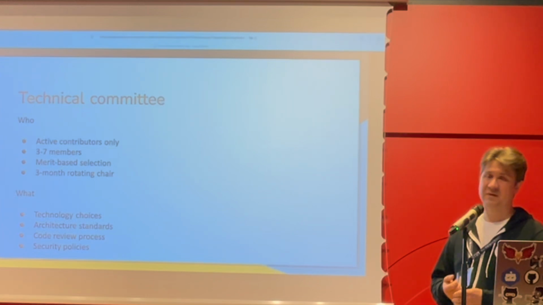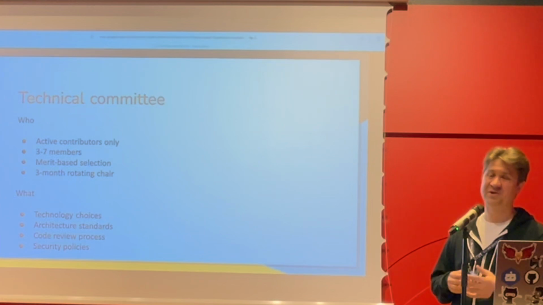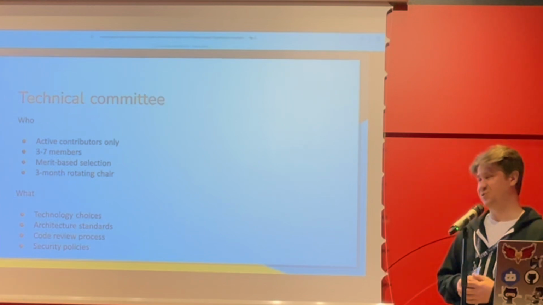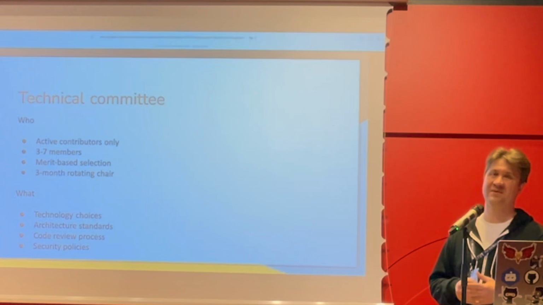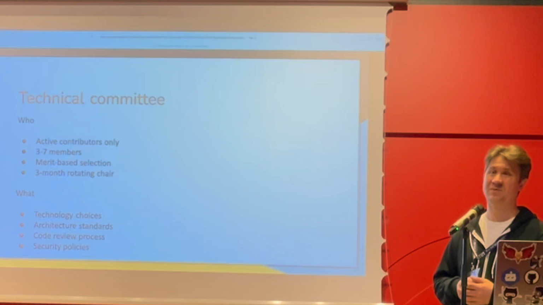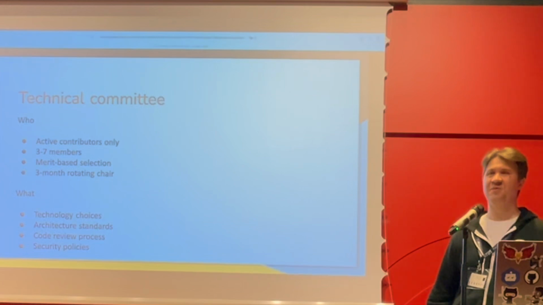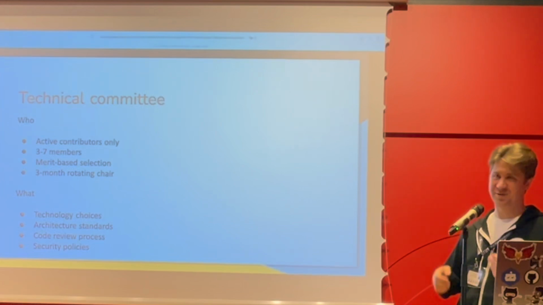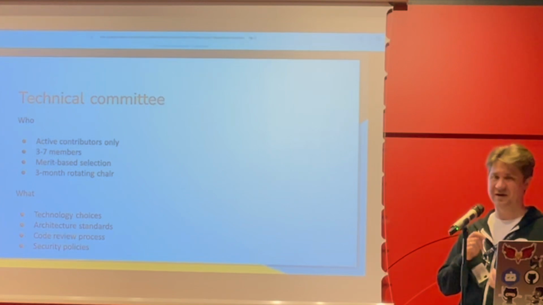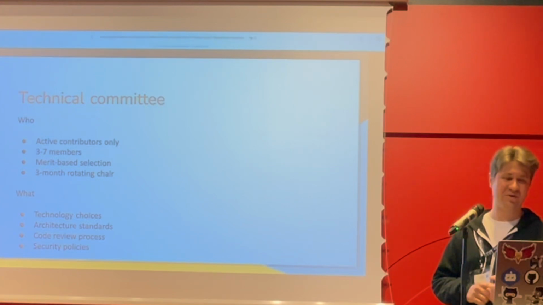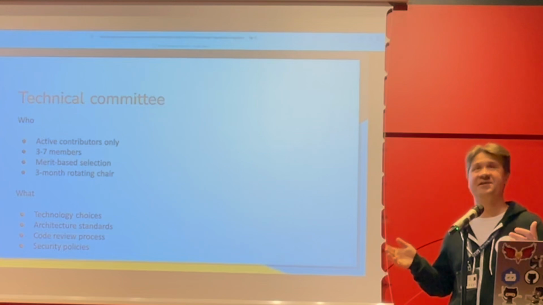So the membership in the technical committee ideally should be based on the achievement of people who go there. It's not about seniority, it's not about title, but you need to have people there who actually write code, who review pull requests, who can demonstrate their technical leadership.